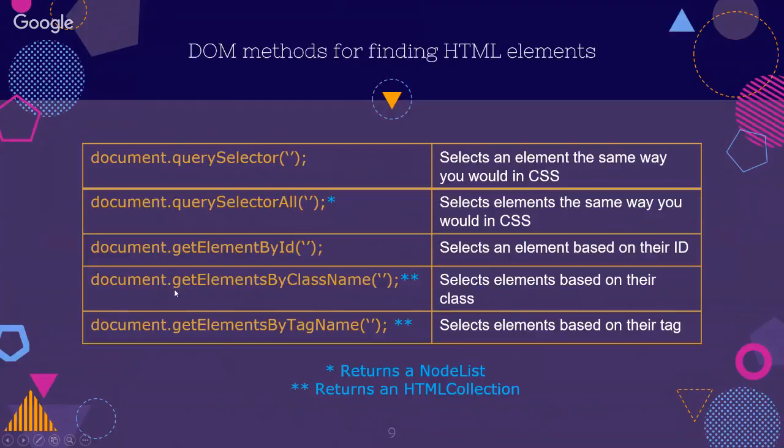So you don't need to consider whether the element has an ID, a class, or just a tag. You just specify the query selector and select it like you would in CSS. So if you have a solid background in CSS, it's more than likely you're going to be using the querySelector. The developers just know how to select them in CSS, and it's more convenient for them.